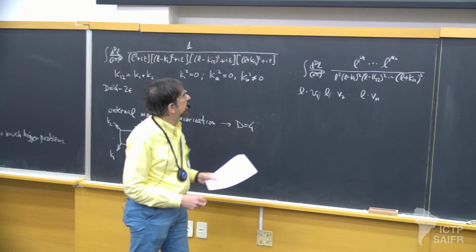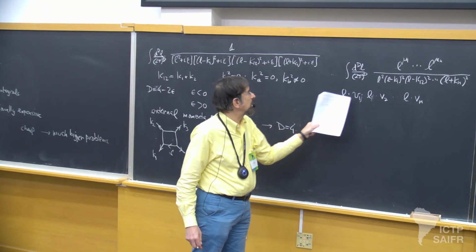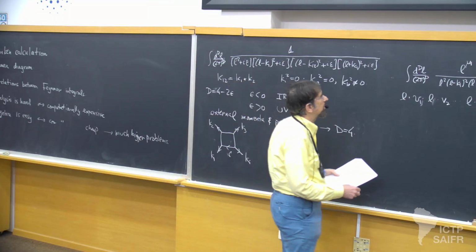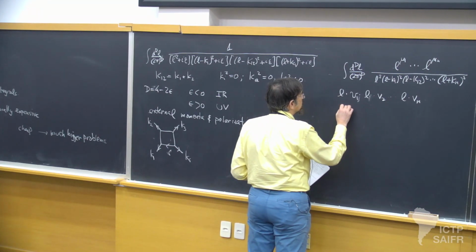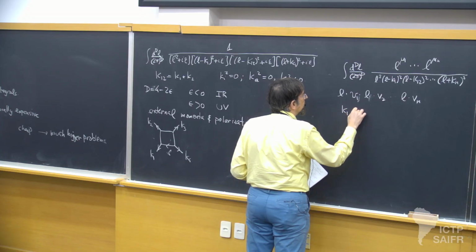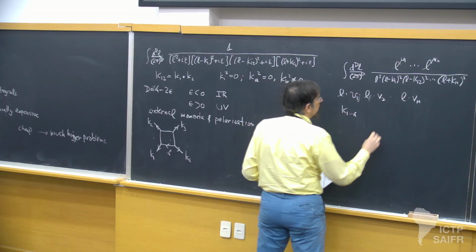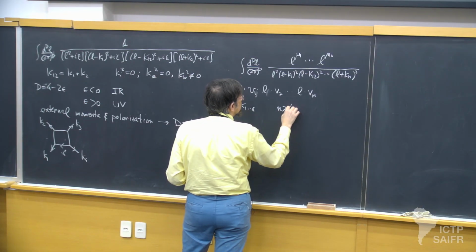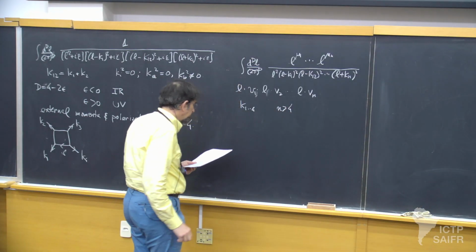So the first thing we can do is take advantage of the fact that these V's are strictly in 4 dimensions. We can choose a basis of 4 external momenta, for example, K1 through 4. And for the moment, let's assume here that n is bigger than 4.